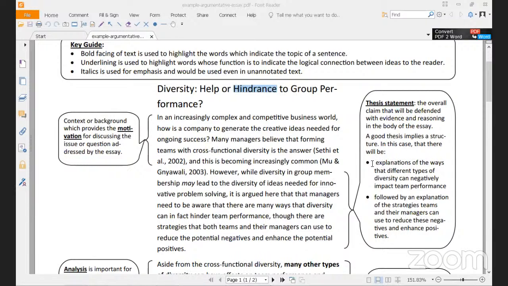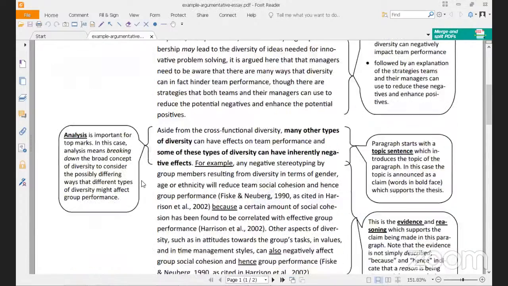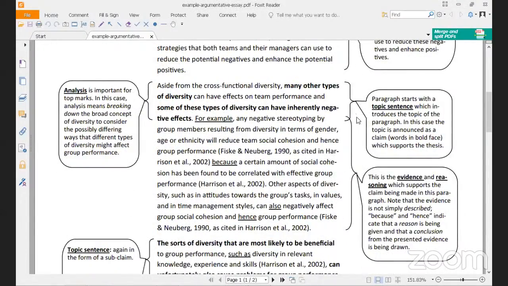Remember, a strong thesis statement, especially in an argumentative essay, has to take one side right off the bat. You have to tell, I'm pro this, I'm pro that. It's the beginning of the essay, so you have to be very clear about this. Now we're getting into more things. We have the analysis, we have the topic sentence, we have some evidence and reasoning. And remember, this is already part of the body. Let's read about the next paragraph.